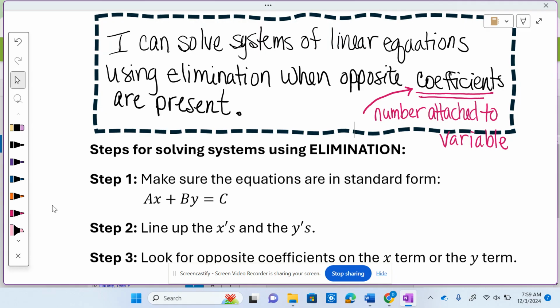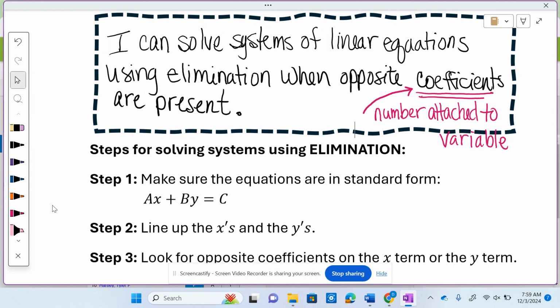If I have two positive x coefficients, how could I make one of them negative? Think about what you do to an equation. If you have negative x equals 2, how do you find out what positive x is? You multiply everything by a negative 1.